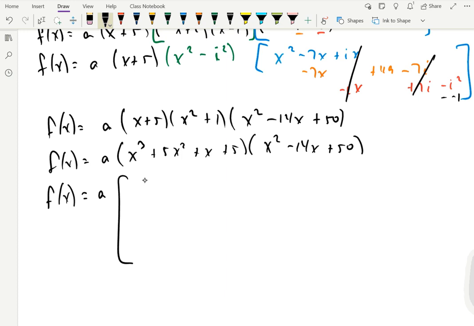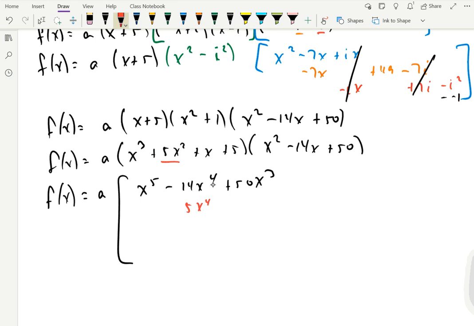So x cubed times x squared is x to the 5th. x cubed times minus 14x is minus 14x to the 4th. x cubed times 50 is 50x cubed. Again, let's start color coordinating these. Let's do the 5x squared times x squared is 5x to the 4th.